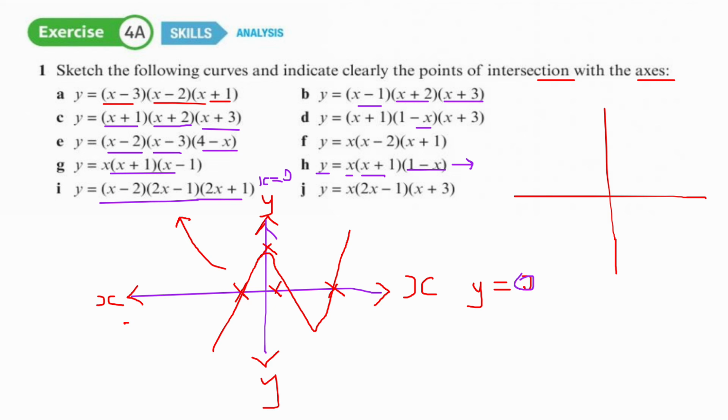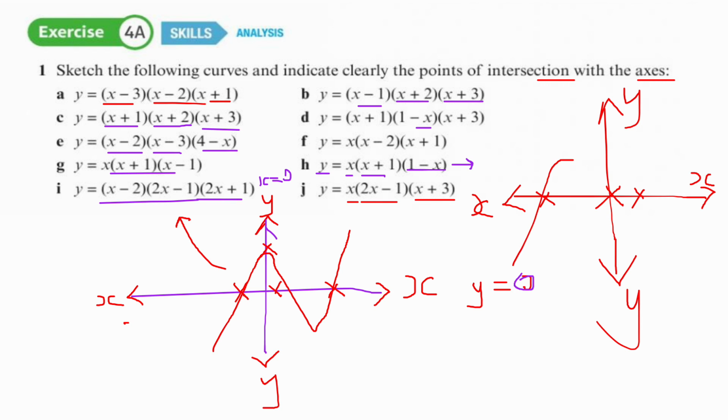It crosses at 0, a half, and negative 3 on the x-axis when you set the brackets equal to 0 and solve each bracket separately. Remember that the x-axis is the line y equals 0 and the y-axis is the line x equals 0.